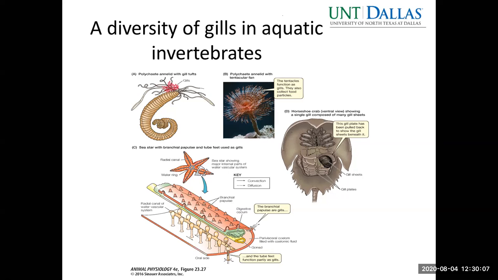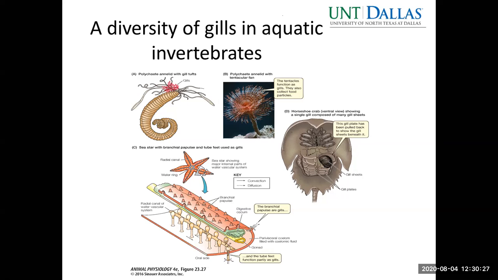Cilia on the gill sheets drive incoming water through pores on the gill surface into water channels that run within the gill sheets. In the cephalopod mollusks, the squids, cuttlefish, and octopus, it's not so much that the gills are specialized, but the mechanism of ventilation is very good.